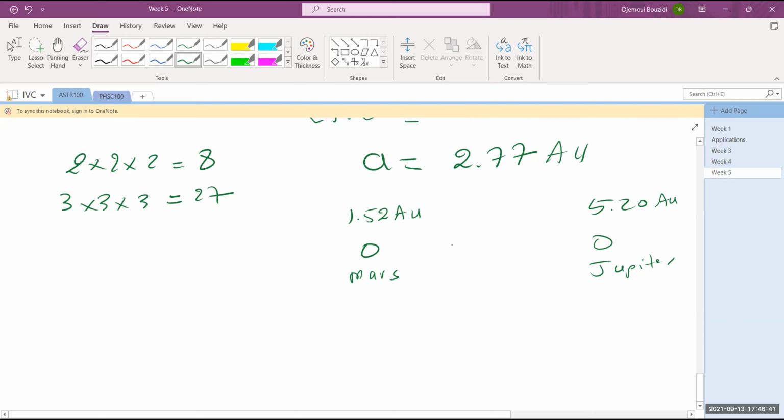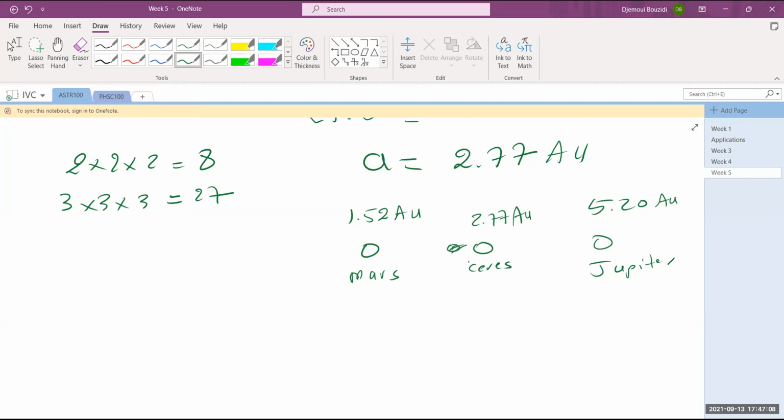So Ceres is probably somewhere in between, like here. Okay, so this is where Ceres is, and it's 2.77 astronomical units. Just as what we did earlier in the simulation, it appears it belongs to the asteroid belt, and the asteroid belt is really between Mars and Jupiter.